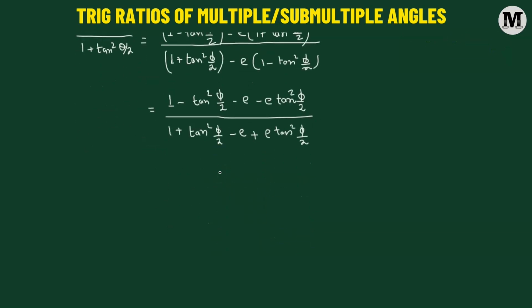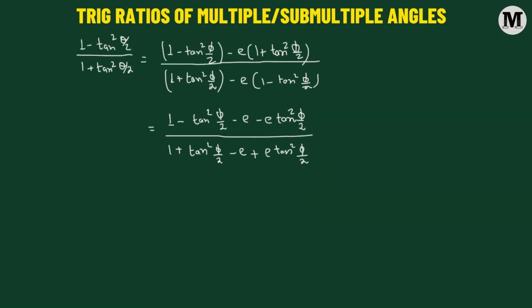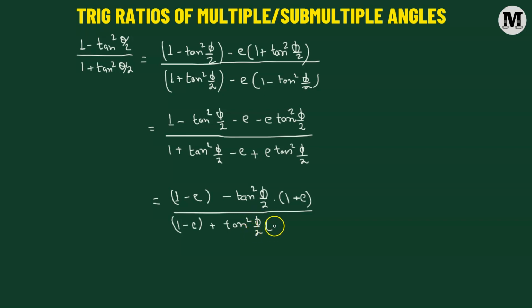Fine. So let's do a few more modifications in the numerator as well as the denominator of the right hand side. We'll have 1 minus e as one term. Then we take the negative tangent squared phi over 2 as the common factor, which gets multiplied by 1 plus e. Similarly, in the denominator, we have 1 minus e added to tangent squared phi over 2 as the common factor, which gets multiplied by 1 plus e.